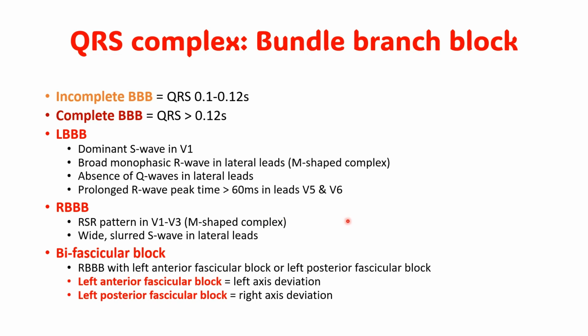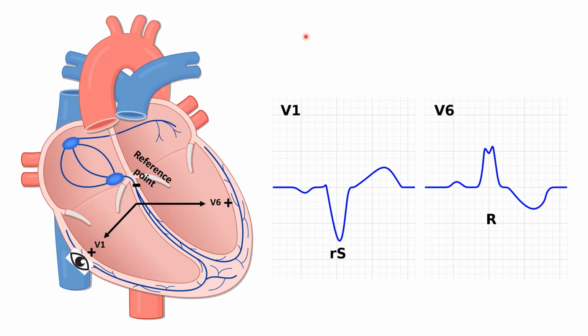Okay. Yeah, so let's look at a diagrammatic representation of left bundle branch block. So first of all, the impulse cannot travel down the left bundle branch. Okay, so for whatever reason, due to cardiomyopathy or an anterior MI, we have blockage of this left bundle branch.